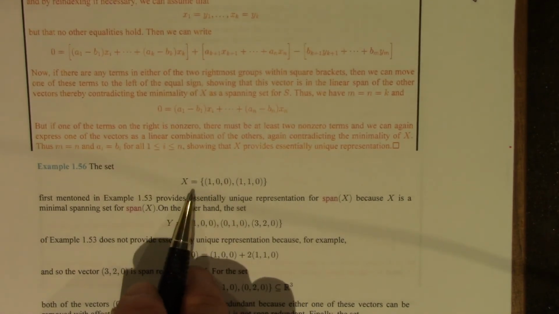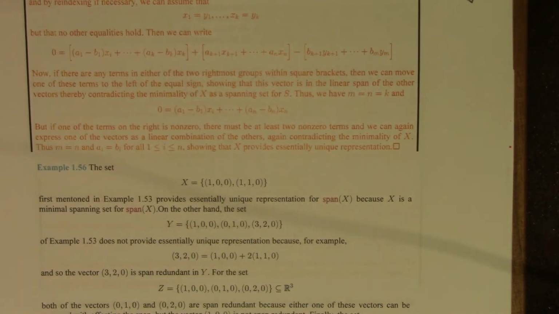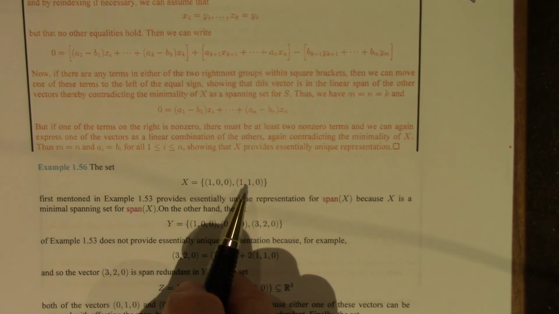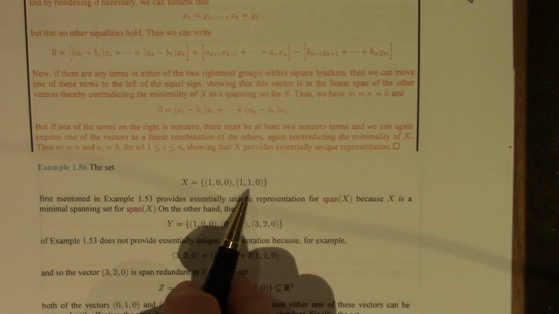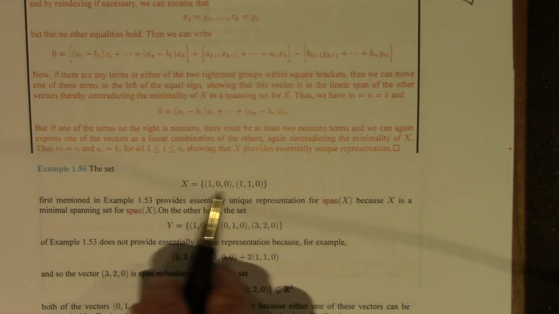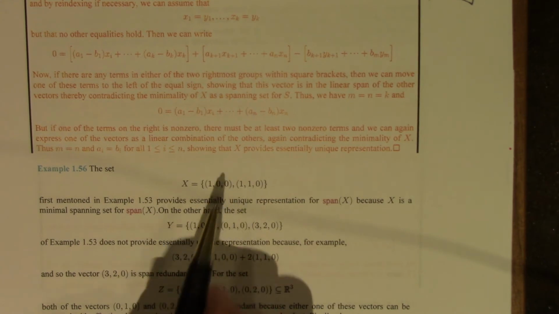Let's look at this set here of two vectors in R3. We've seen it before. This is a minimal spanning set, and therefore, according to the theorem we just proved, it provides essentially unique representation for every vector in its span.